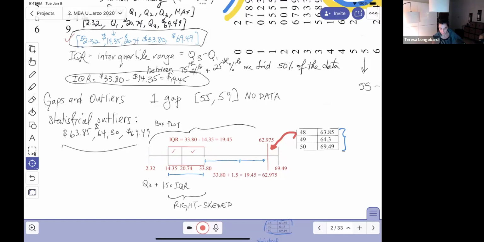Since you see that the inside is right skewed and the outside looks right skewed, without seeing the graph you can conclude from the box plot that the data are right skewed, because they're reinforcing each other. So first you go inside and then you look outside.